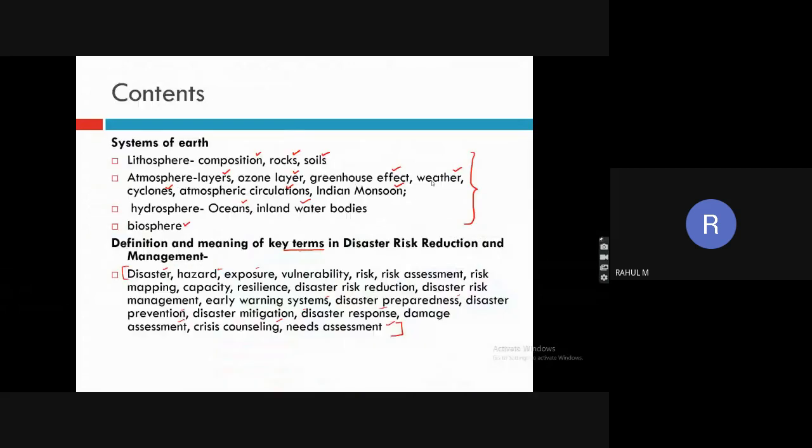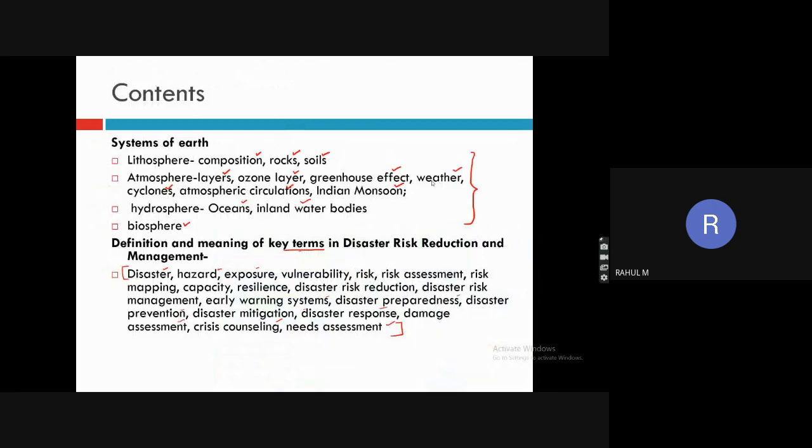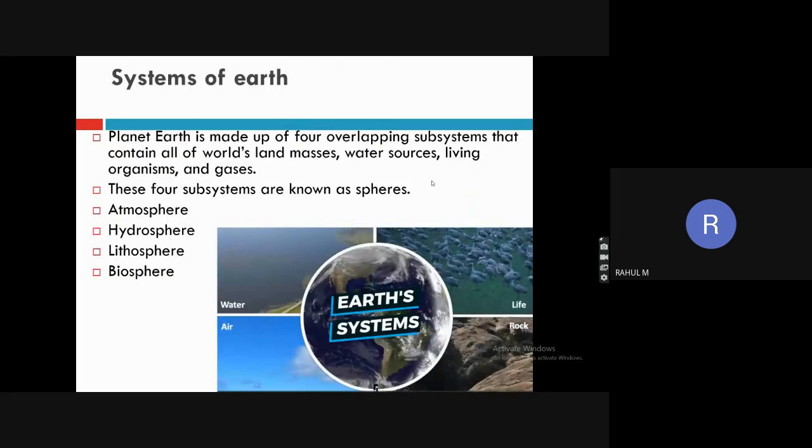Moving further. Okay, so we'll start with the first topic, which is systems of Earth. As we have seen in the syllabus itself, there are actually 4 subsystems associated with the system of Earth. We can classify the total system of Earth into these subsystems, starting with the atmosphere, hydrosphere, lithosphere, and biosphere.